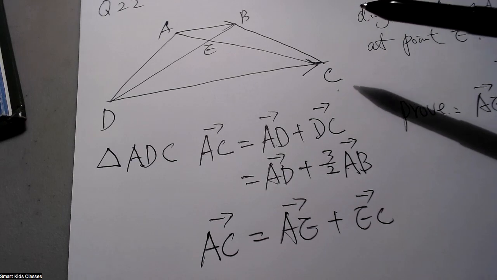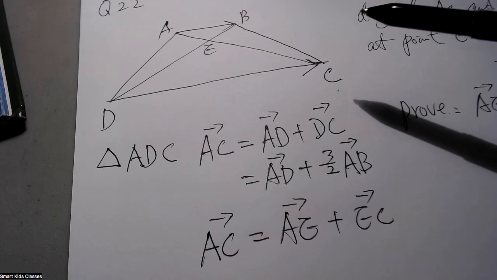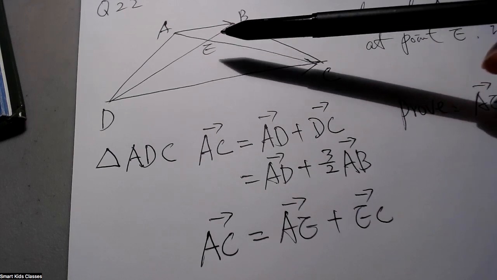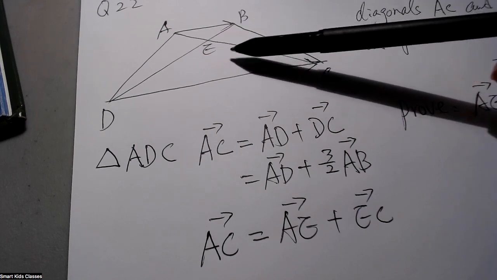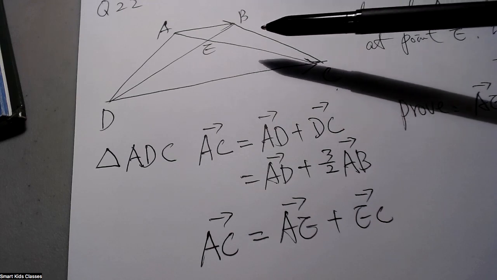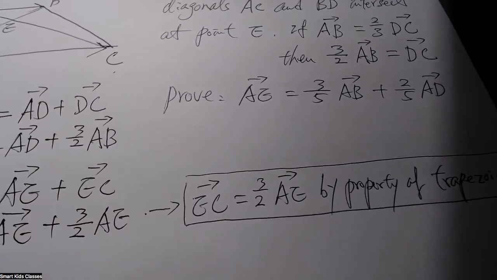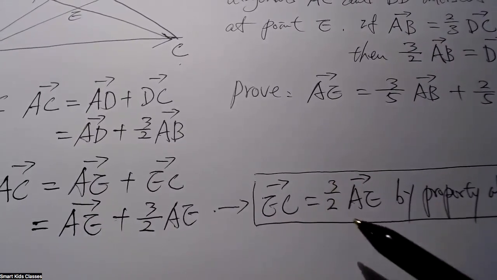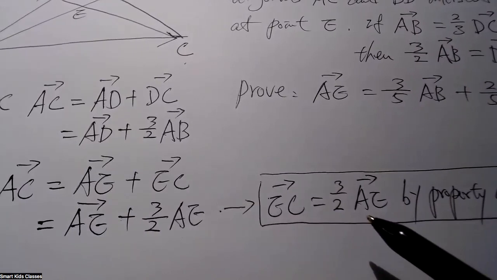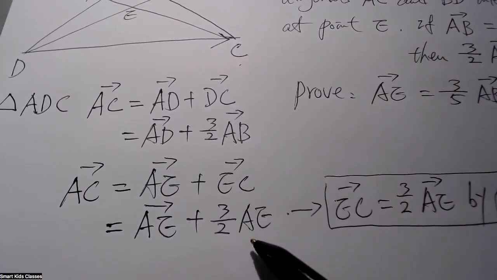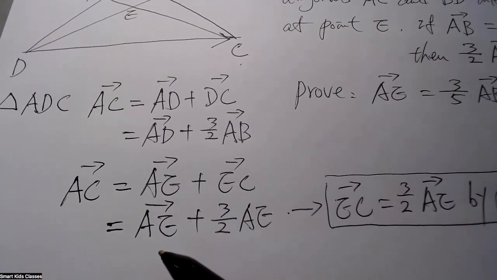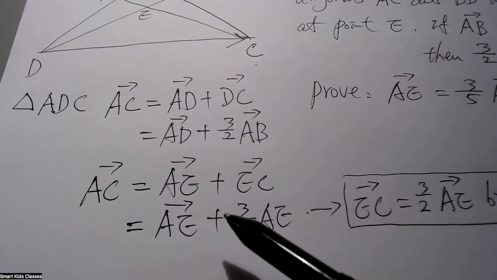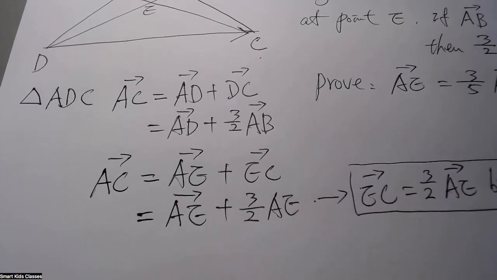For this line, the proportion is 1 for the first part and 3/2 for the second, by the trapezoid property. So EC is equal to 3/2 of AE. Therefore, with substitution, the next vector equation for AC is AE plus 3/2 of AE.